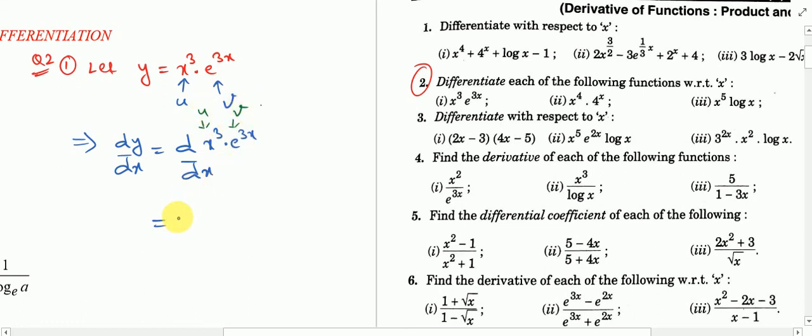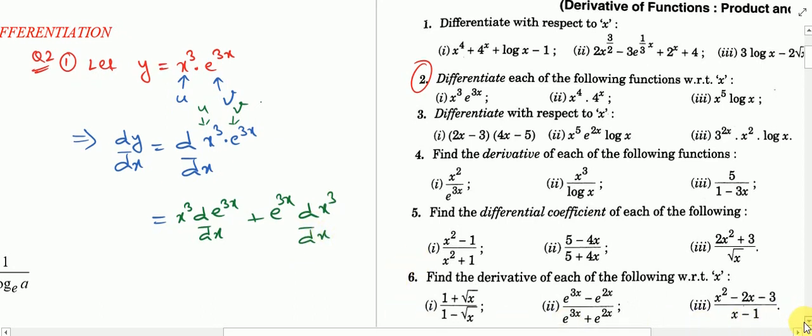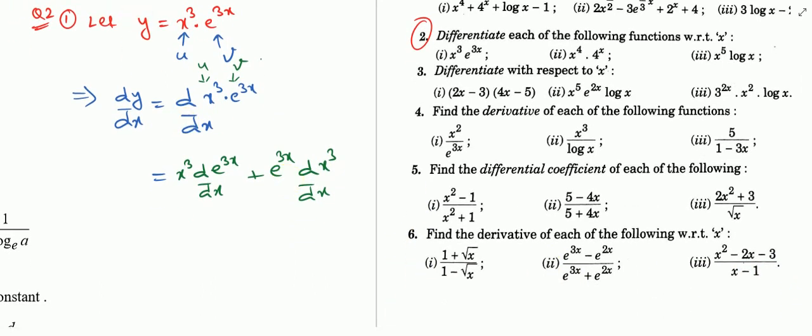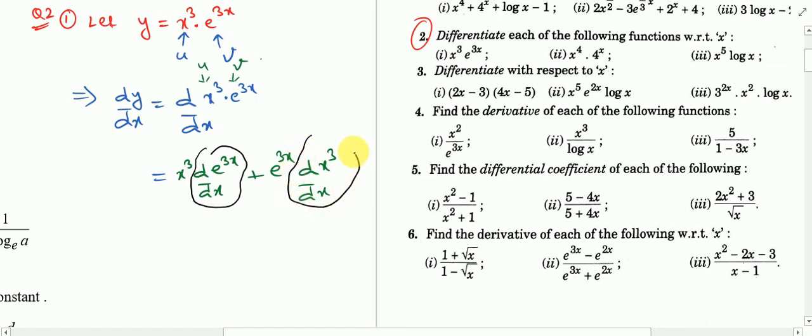So what you'll do, you'll write x cube d e to the power this plus e to the power 3x d x cube dx. Now you know differentiation of this and you know differentiation of this.